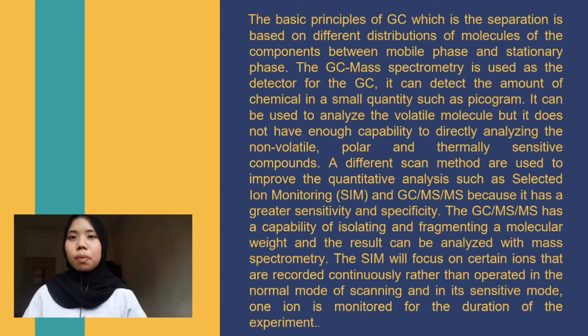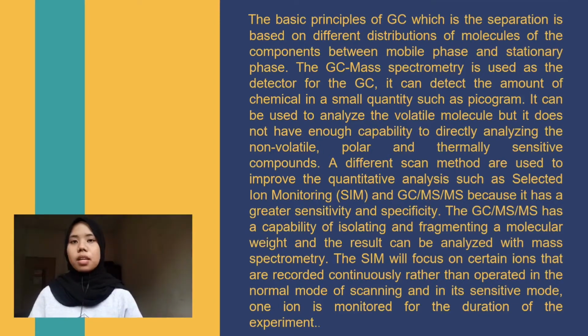Different scan methods are used to improve the quantitative analysis, such as selected ion monitoring, which is SIM, and GCMS-MS, which stands for gas chromatography mass spectrometry and gas chromatography tandem mass spectrometry. It is because they have greater sensitivity and specificity.